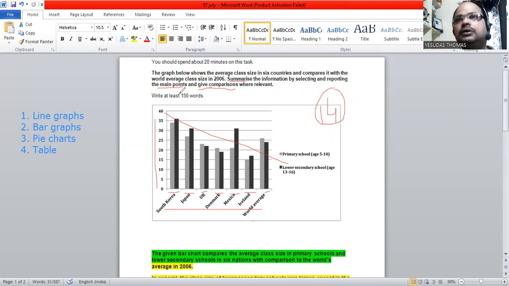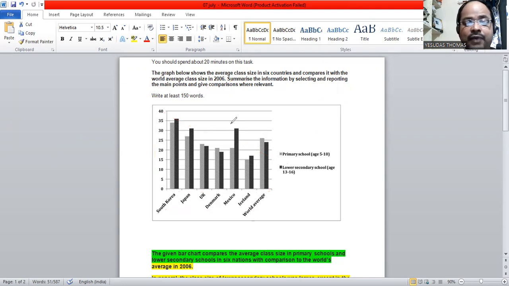You have to get an overall summary of the picture, and then develop that picture into a small essay. This should contain at least 2 paragraphs. That's something we call organizing. And we have to write at least 150 words. This is what we have to see here.